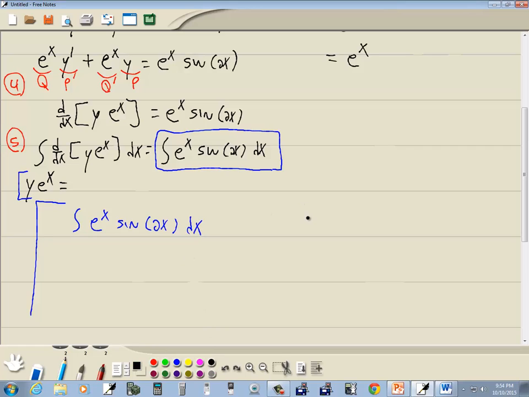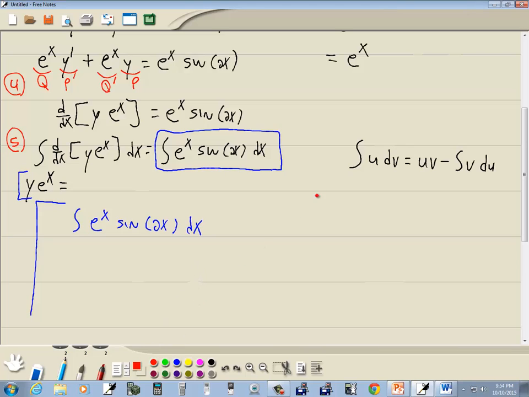And if you remember our formula for the integration by parts, it's going to allow us to not use a table. Let me write up here. The integral of u dv is going to equal uv minus the integral of v du. Okay.